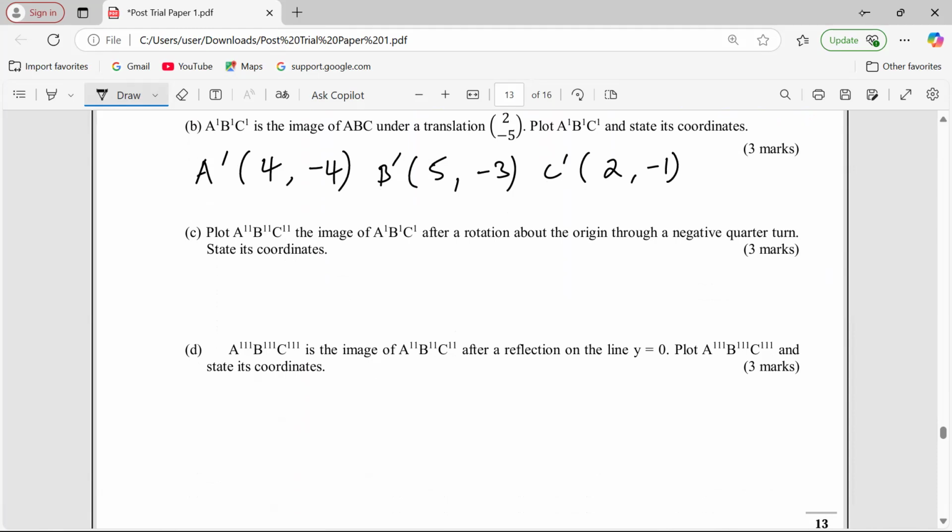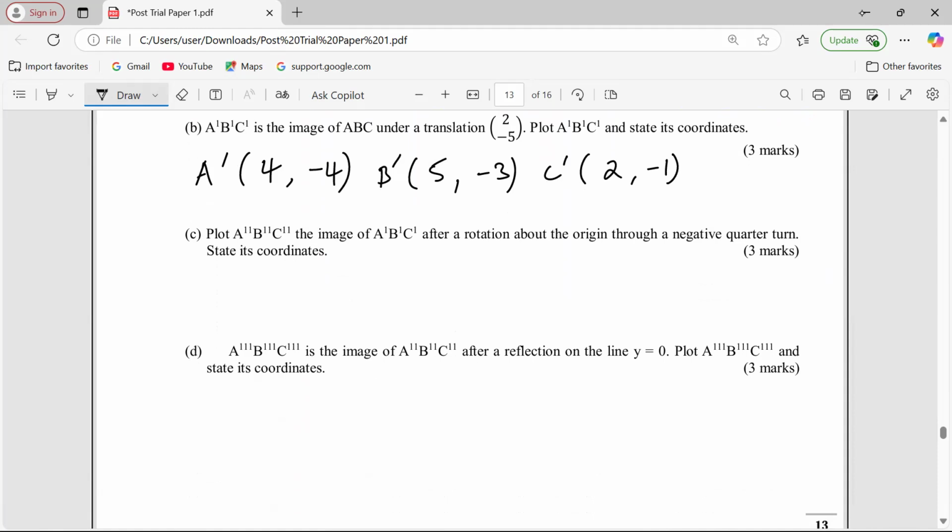Look at part C now. We are told this. Plot A double prime, B double prime, C double prime, the image of A'B'C' after a rotation about the origin through a negative quarter turn.